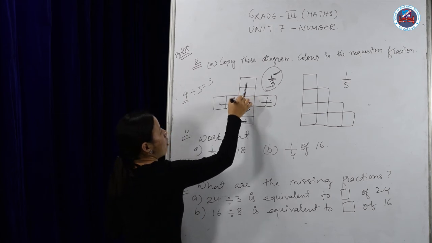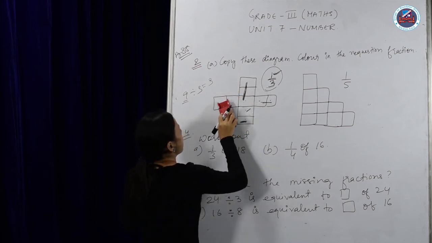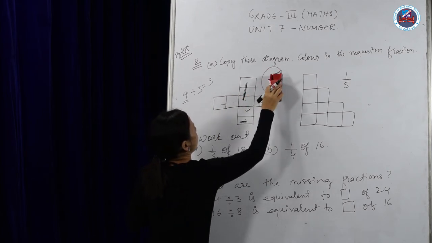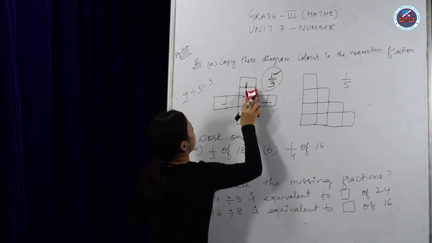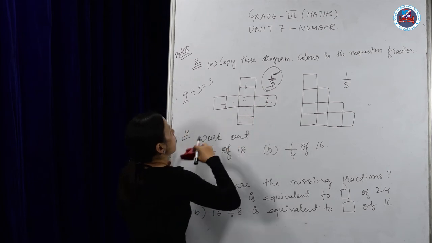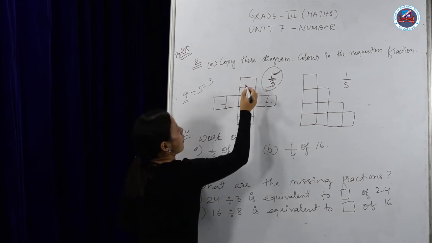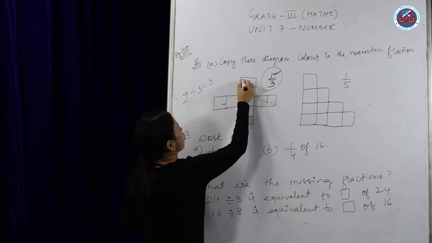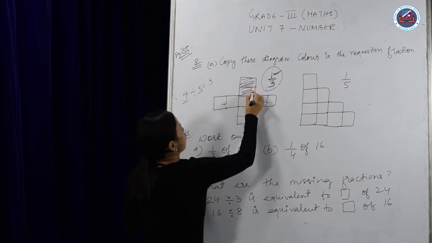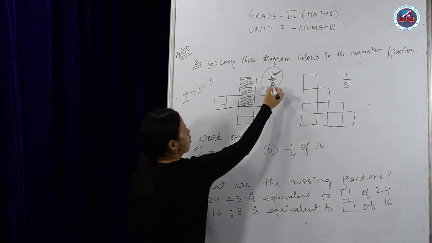That means 3 blocks we have taken as 1. So it says 1 by 3. So out of 3 parts, we have to shade just 1 part. That 1 part we have taken as 3 boxes. So we will shade this first 3 boxes. Okay, that will be your 1 part of this three.